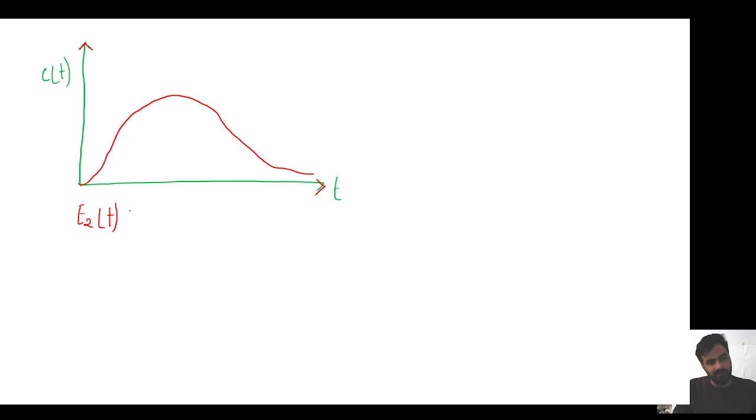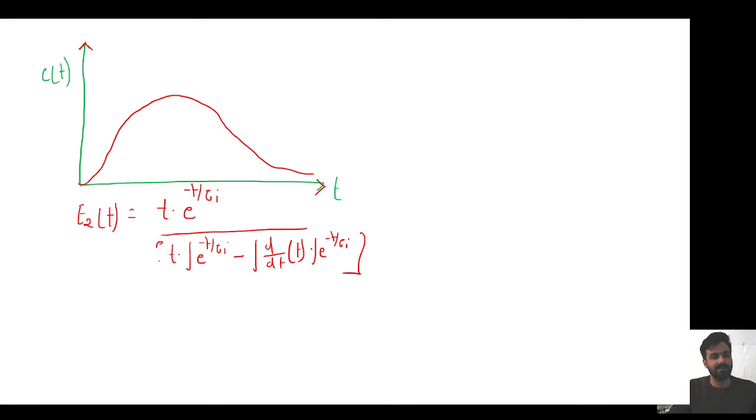E2(t), E1(t) we have calculated. So can I write t into e to the power minus t upon tau i divided by t and multiplied with e to the power minus t by tau i minus d upon dt of t and again e to the power minus t by tau i. It's as simple as that. This is just an integration. Okay.